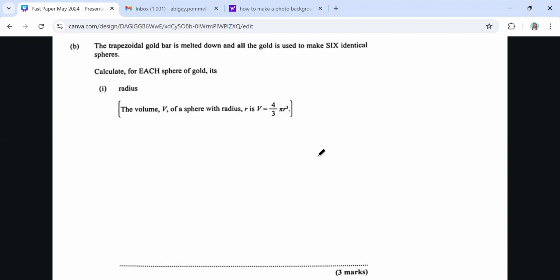Calculate for each sphere of gold its radius, given that the volume of a sphere with radius r is V equals 4/3 pi r cubed. So the prism has been melted down into spheres, and we're supposed to find the radius. And they're giving us the formula for the volume of a sphere.